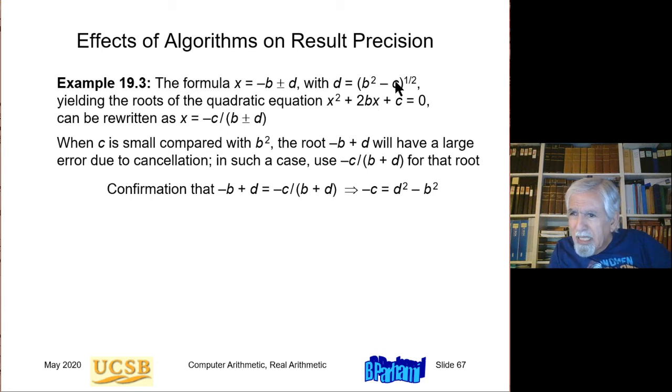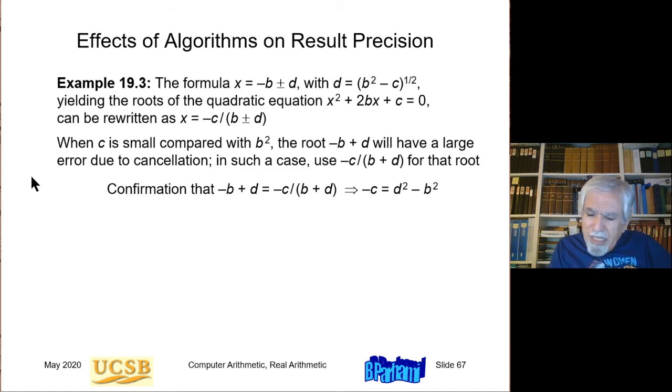So you have c, which is a small number, divided by 2b, and that's a fairly small number, and it's much more accurate than if you had done it using the other equation. Okay, so just be aware that whenever you do addition of two floating point numbers with different signs, you have to be careful. We can rearrange the formula in that case, negative b plus d, by writing it as negative c divided by b plus d, and then that problem disappears.